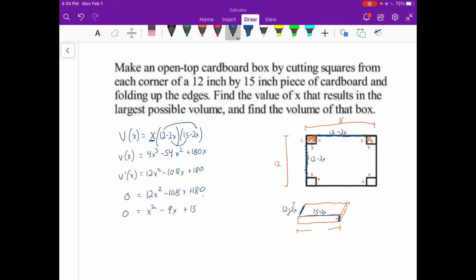So let's go ahead and do that. We have x equals negative b plus or minus the square root of b squared minus 4ac all over 2 times a. Plugging that in, we have 9 plus or minus the square root of 81 minus 4 times a, which is 1 times 15, all over 2 times 1.